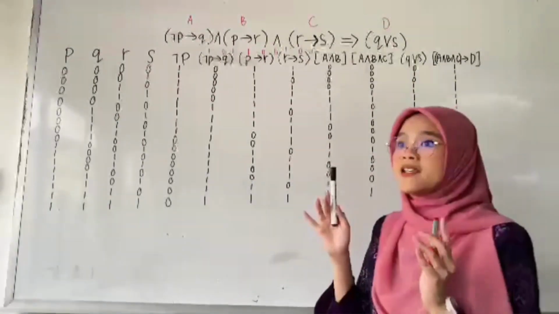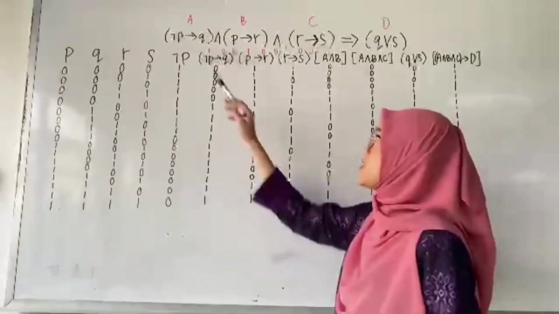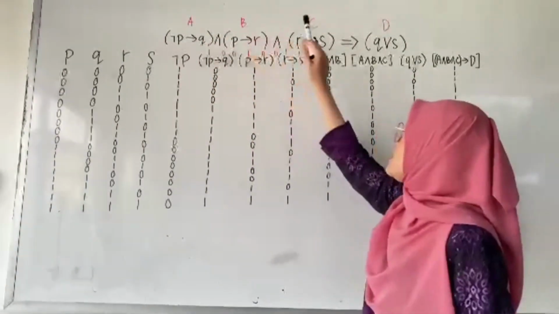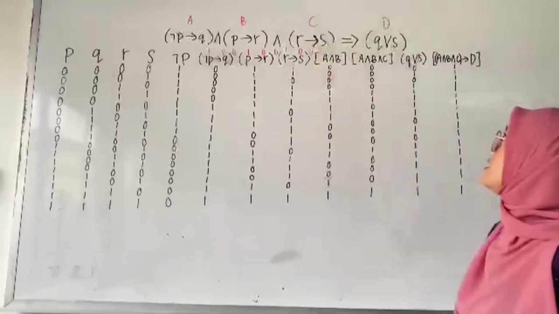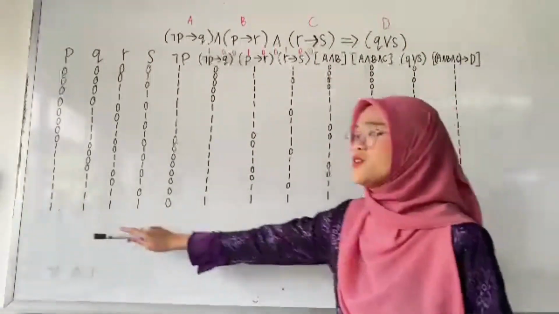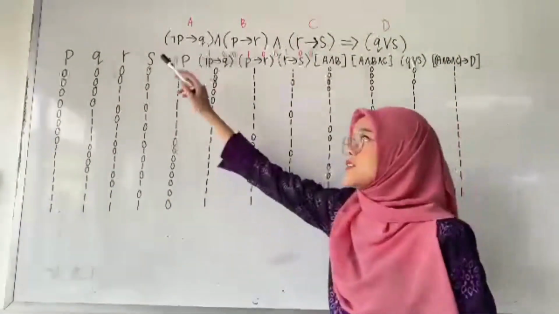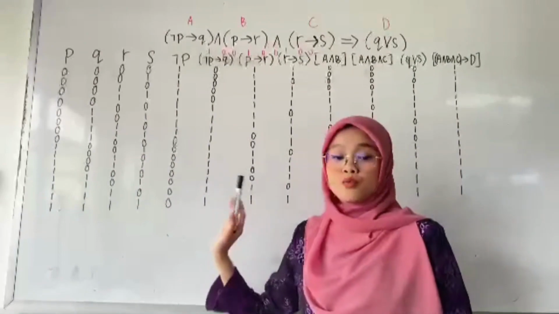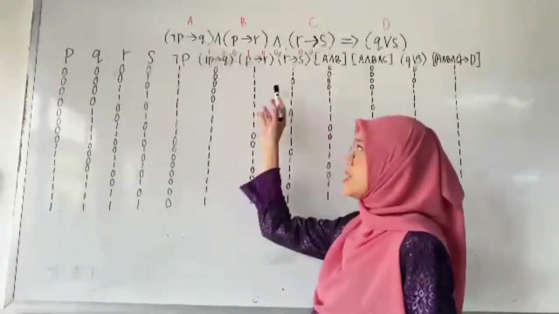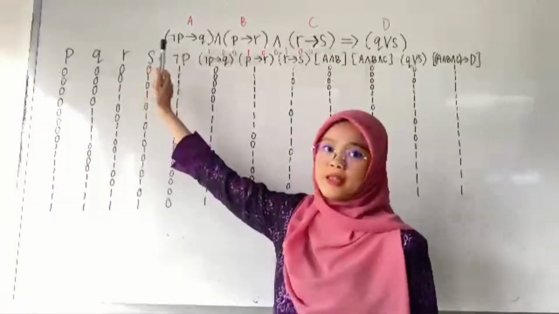To simplify, I label not P implies Q as A, P implies R as B, R implies S as C, and Q or S as D. It is a very long statement and has 16 rows in the truth table, because we have 4 variables, which are P, Q, R, and S.